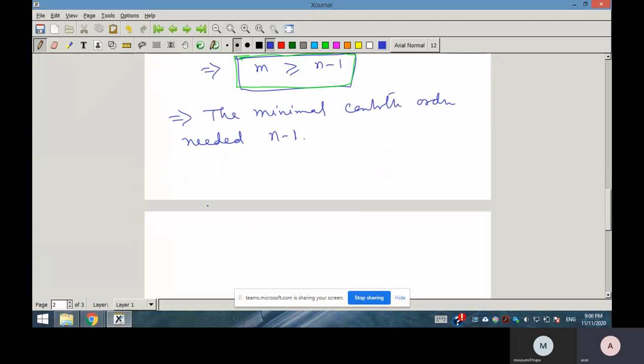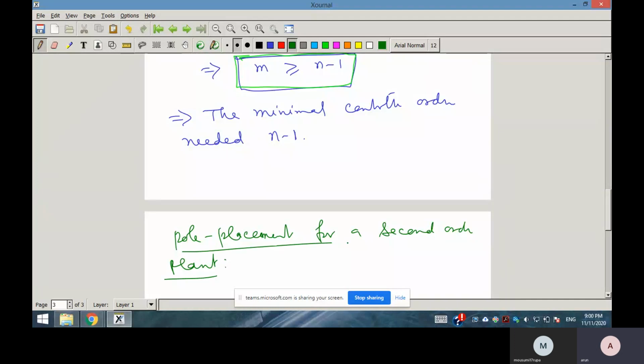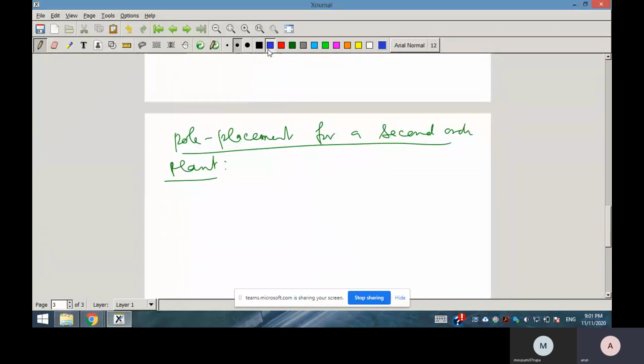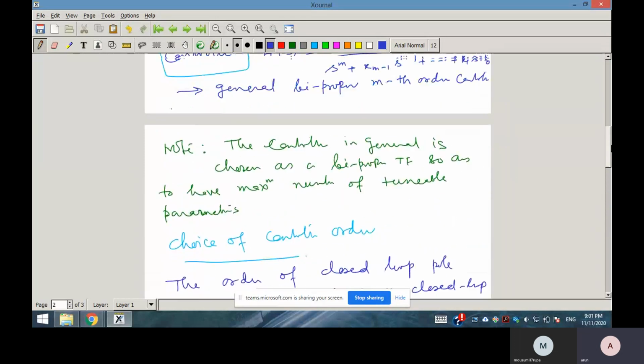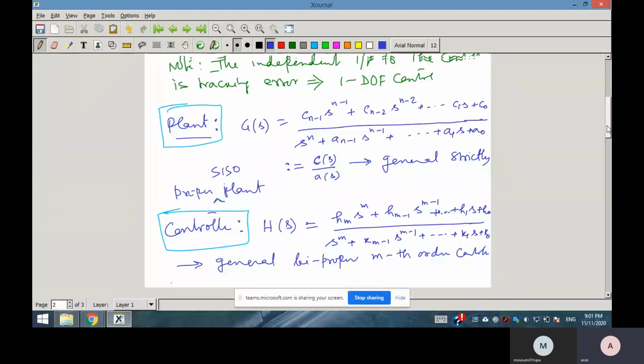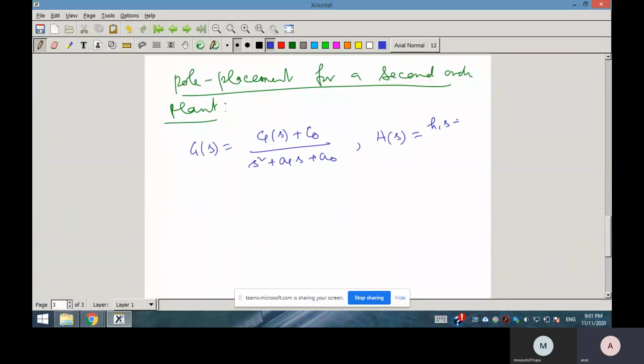So, pole placement for a second order plant. The plant that I will consider is G(s), according to that structure: G(s) = (c1 s + c0) / (s^2 + a1 s + a0). And H(s), as per this structure, will be (h1 s + h0) / (s + k0).